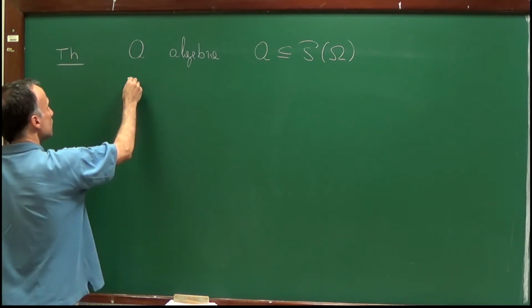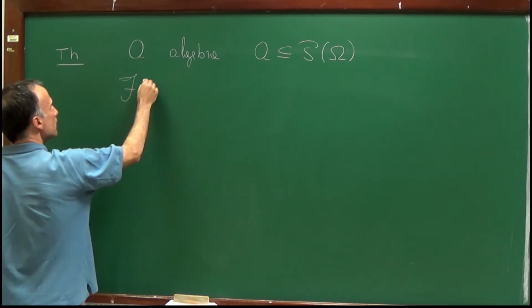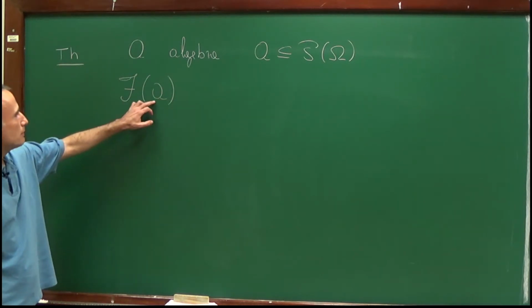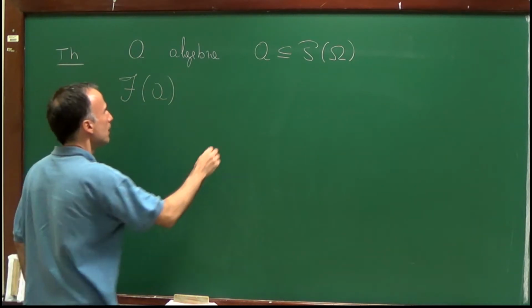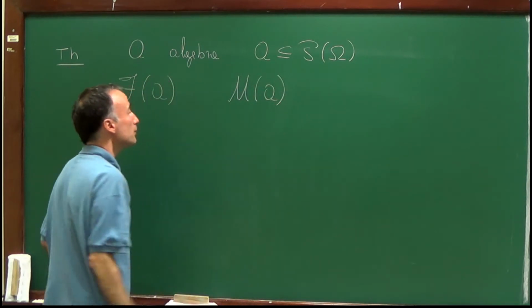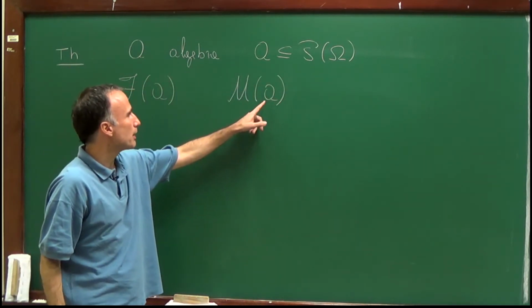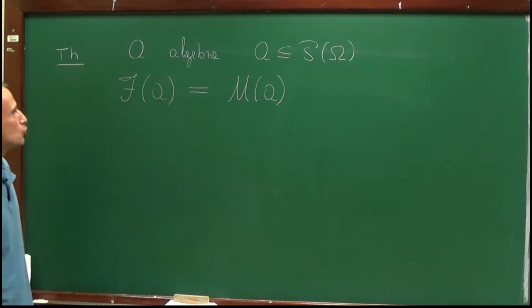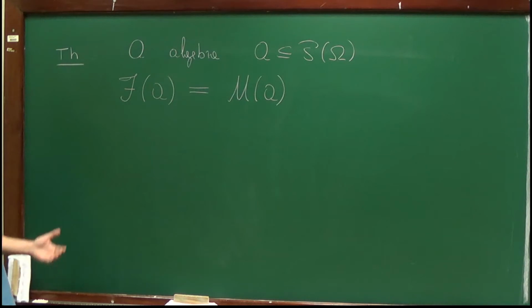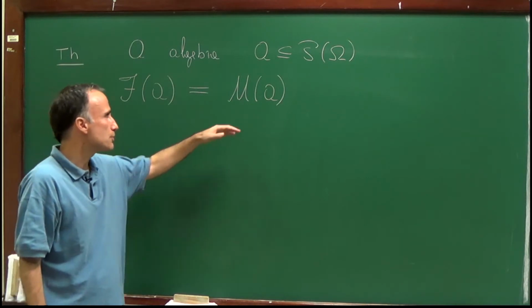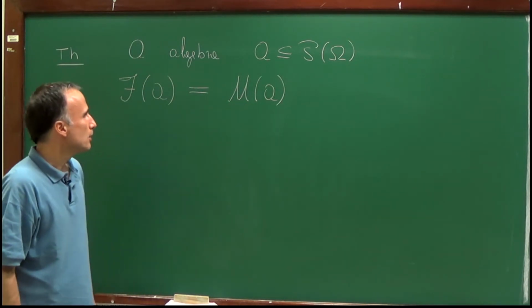And remember that we represent by F of A the sigma algebra generated by the algebra A, and by M of A the monotone class generated by A. What I claim is that these two classes are in fact equal, and this result will be extremely important, used many times.